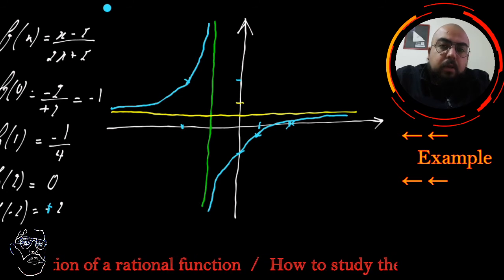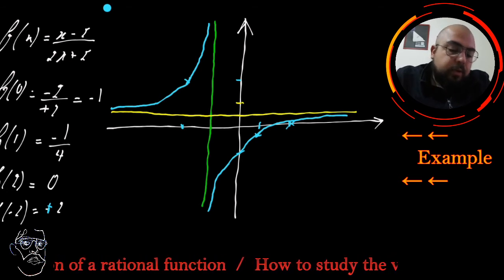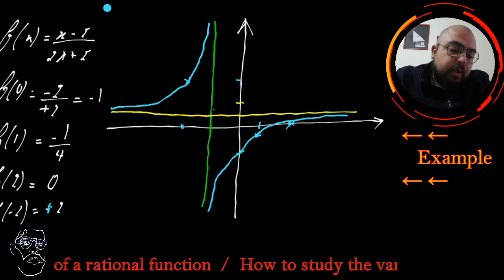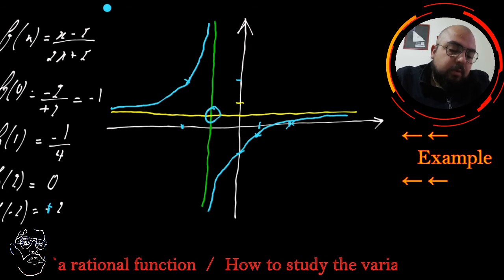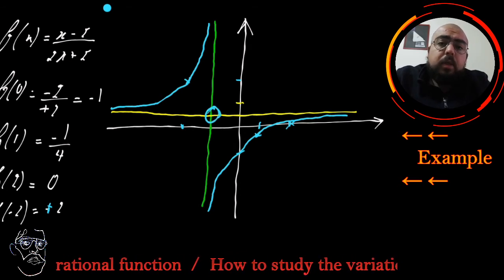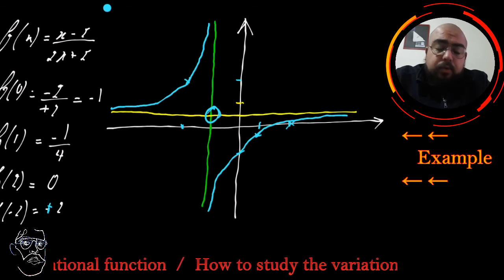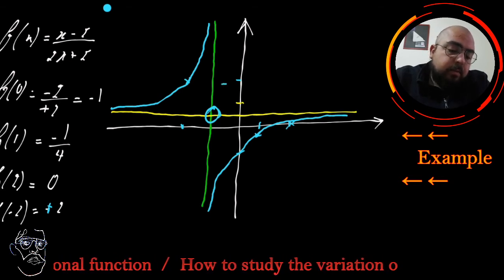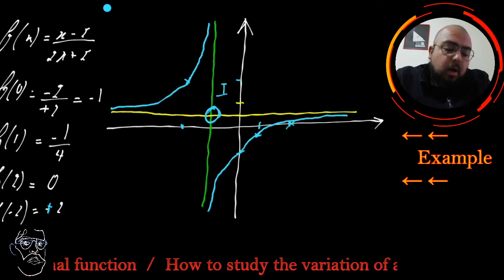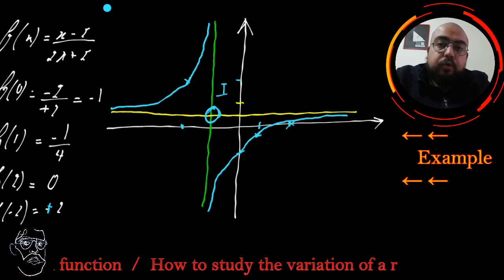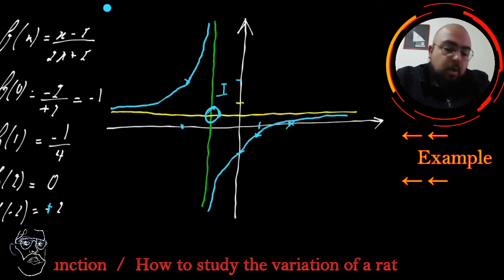Now there is an important point, which is the intersection of these two asymptotes. It's actually the center of symmetry, which I can call I. I, which is minus 1, 1 over 2, is actually a center of symmetry.